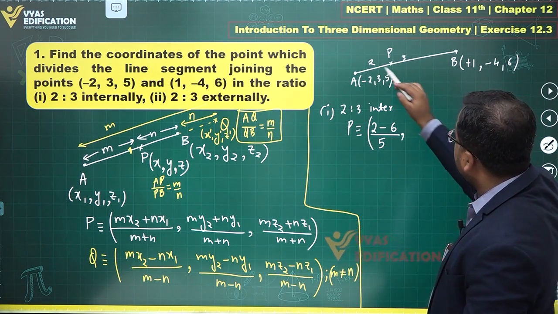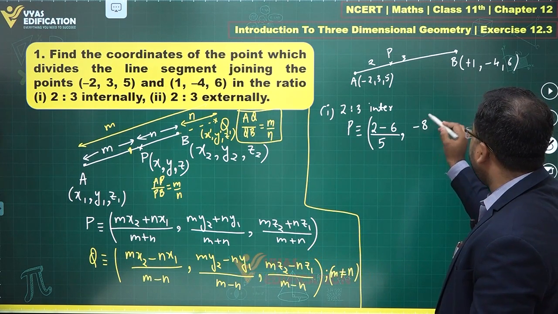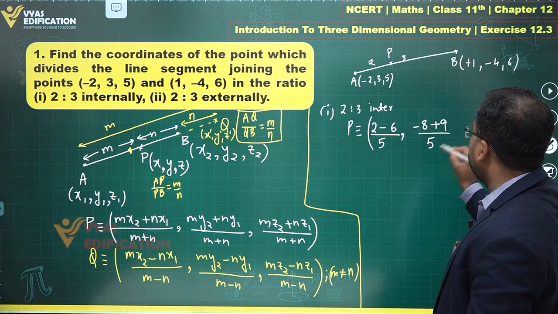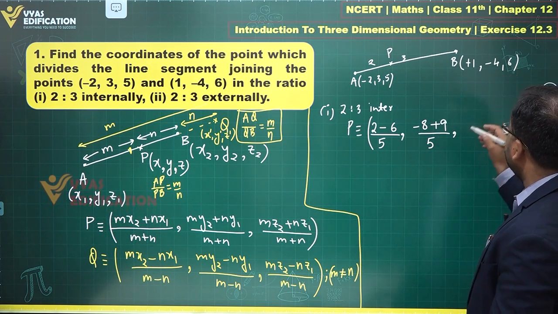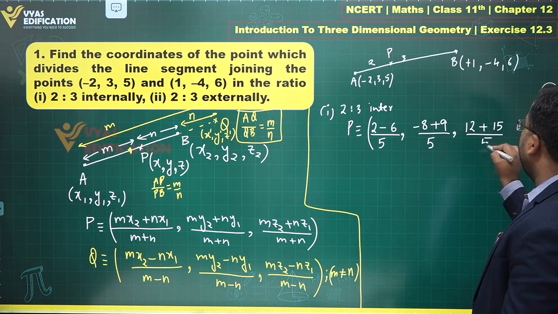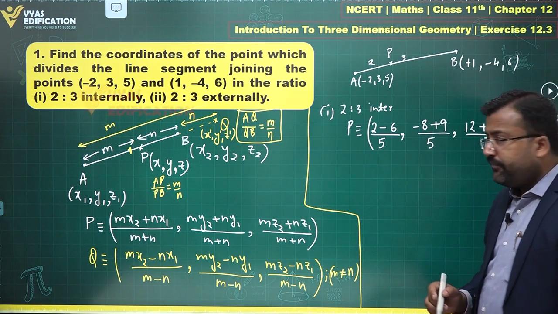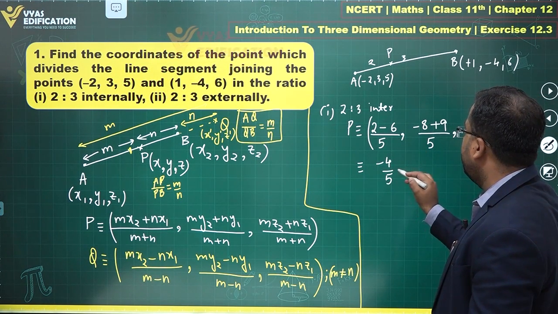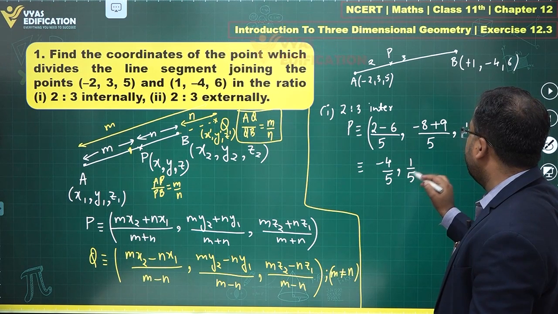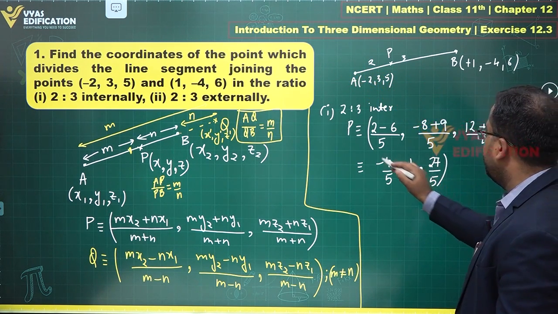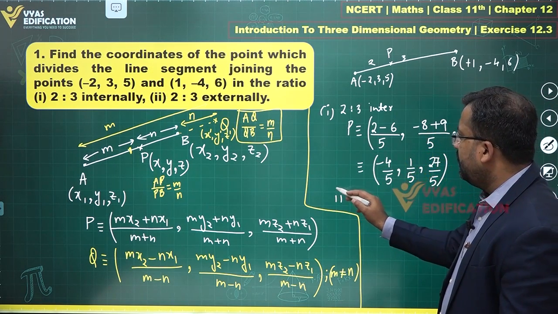The y coordinate will be 2 into -4, which is -8, 3 into 3, which is 9, upon 2 plus 3, which is 5. The z coordinate will be 2 into 6, which is 12, 3 into 5, which is 15, upon 5. That's what you get, right? The coordinates of P will be -4 upon 5, comma 1 upon 5, comma 27 upon 5. Those are the coordinates of P.